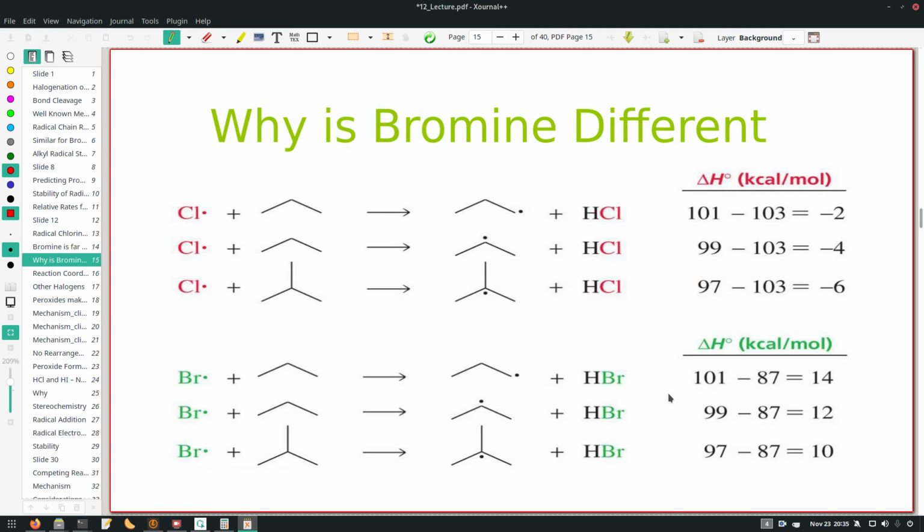All right, so why is it that big of a deal? When we look at both steps of the reactions, so creating and destroying the radical, both steps of our propagation, and we compare them, chlorine and bromine, we see that the first step with regard to chlorine is an exothermic reaction, yet it's endo with bromine.